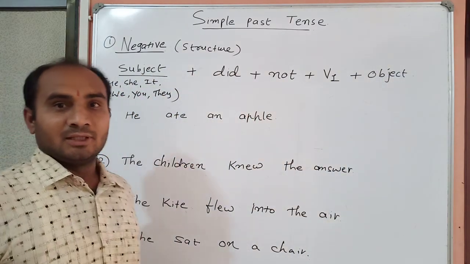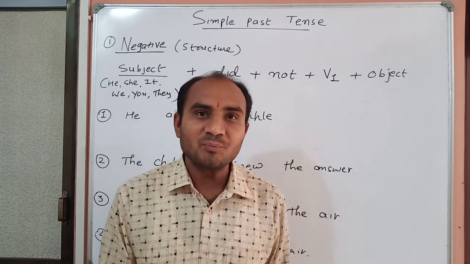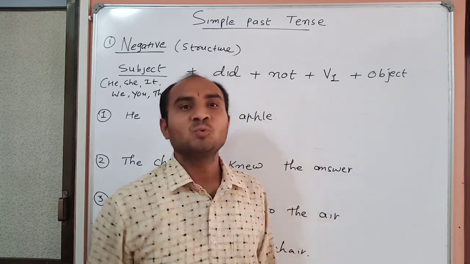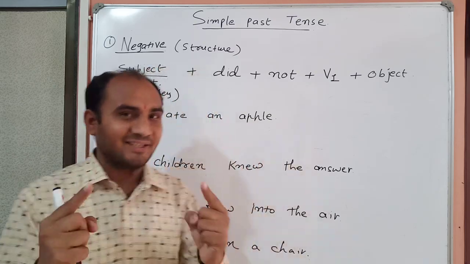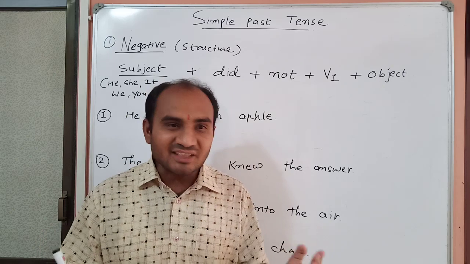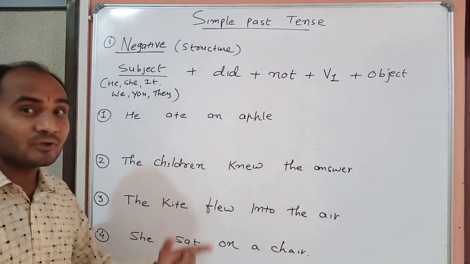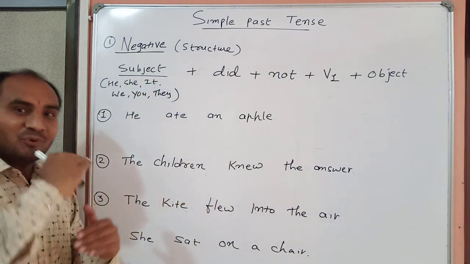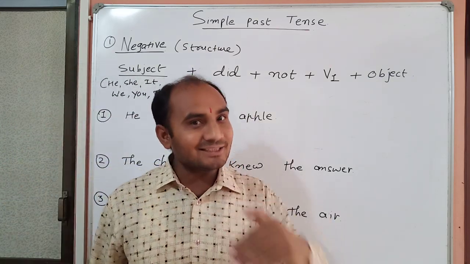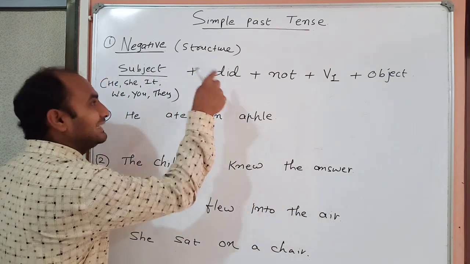Do you know very well the structure of the positive? Subject plus V2 plus object. But in the negative structure, something is different. What is different? Whenever a positive statement is converted into negative, at that time we use did.